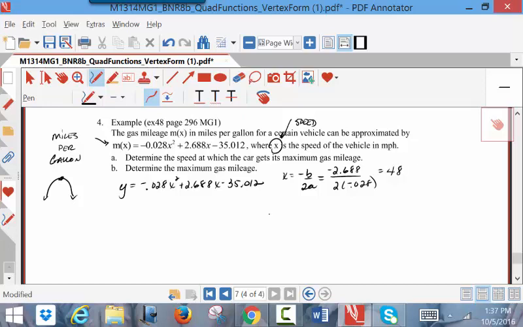Okay, so my y value is negative 0.028 times 48 squared plus 2.688 times 48 minus 35.012. Carefully put this into your calculator. Negative 0.028 times 48 squared plus 2.688 times 48 minus 35.012.